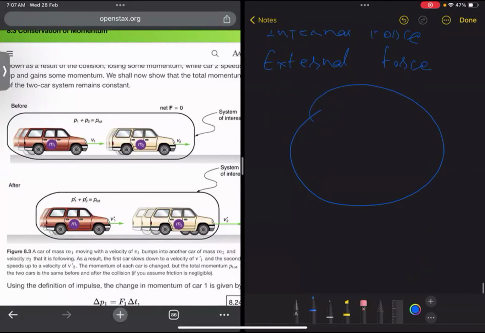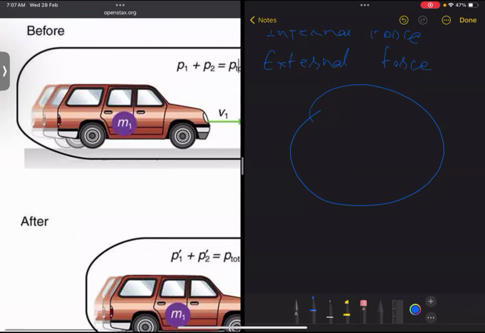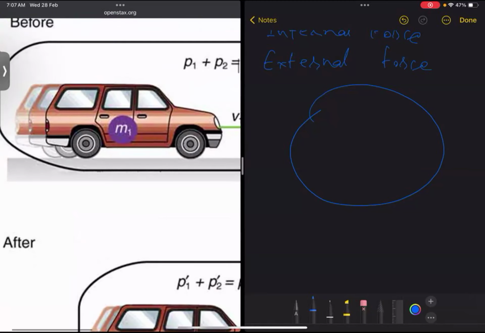But if you only select this car as the system, then during the collision, will there be any external force acting on it or not?